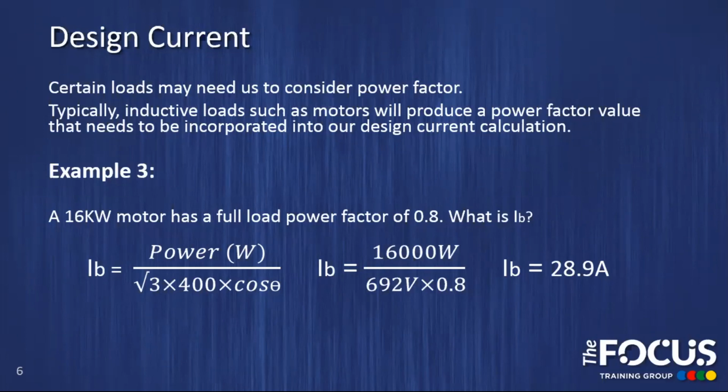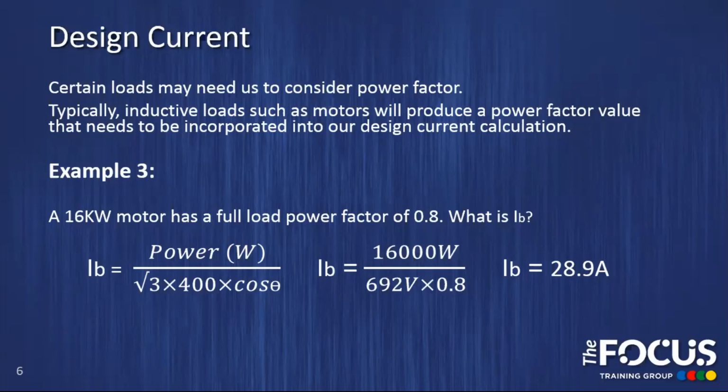What is IB? Bottom left we can see the formula, so IB, design current, is equal to power in watts divided by root 3 times 400, because we're talking about three phase, times cosine theta. Again, in a future video we'll explore where we get this value from, but for now we'll just recognise that we put in the value of power factor from our question where it says cosine theta.